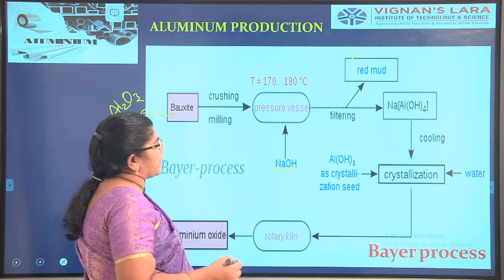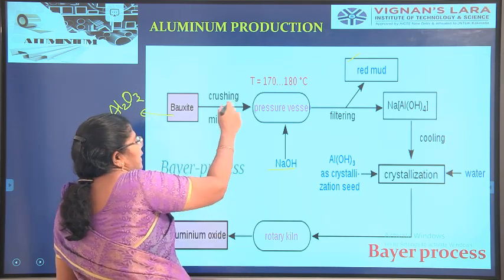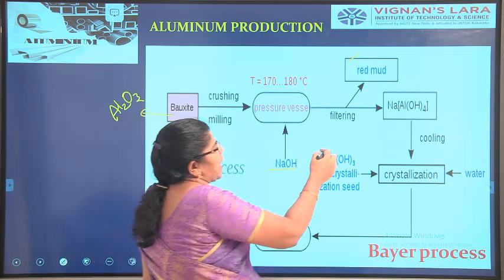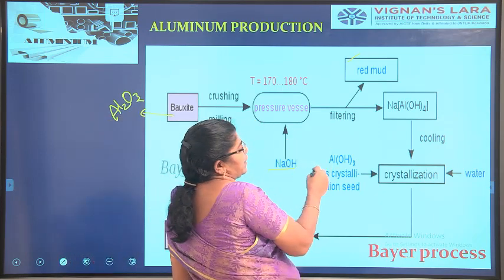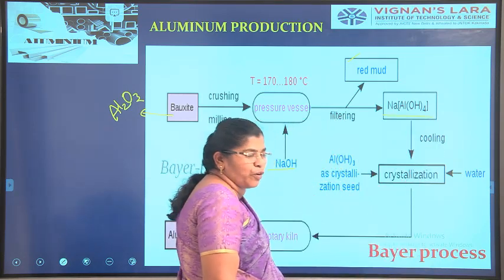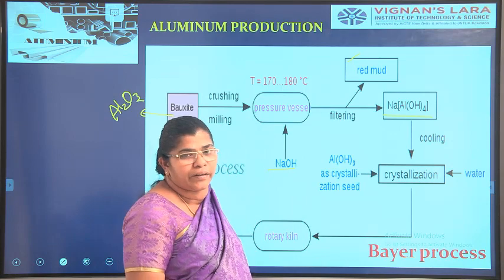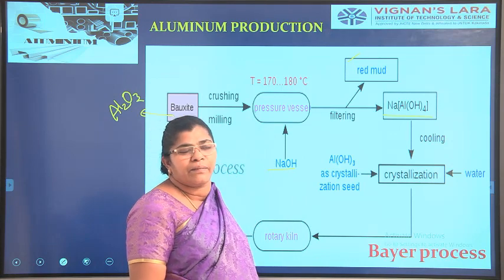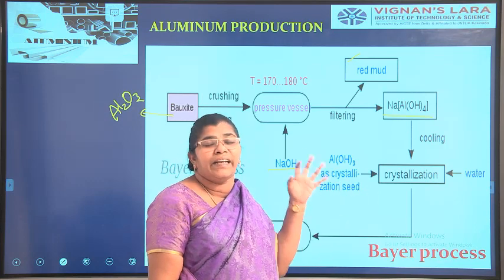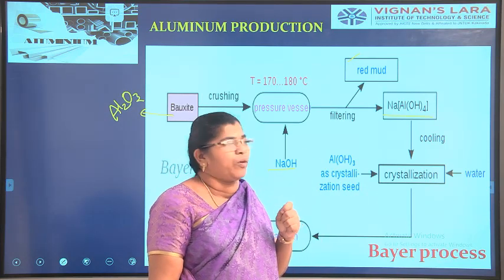After the filtration and removal of red mud, because NaOH is added, we get a compound, NaAl(OH)4, sodium aluminum hydroxide. OH4 is hydrous, it has some moisture.